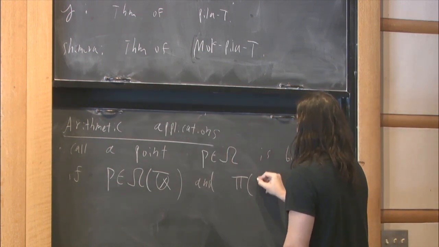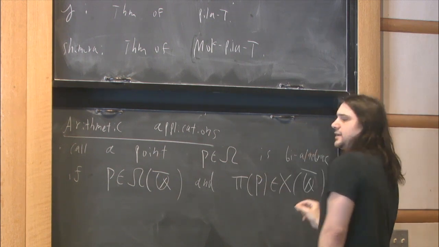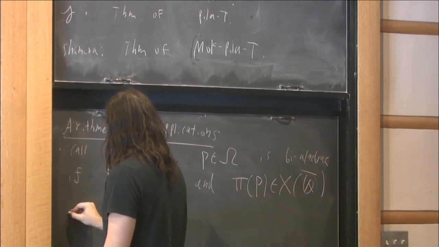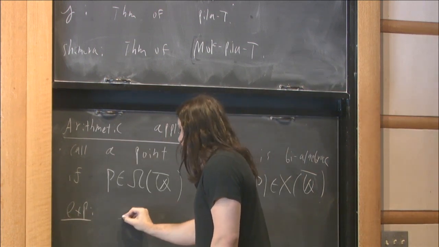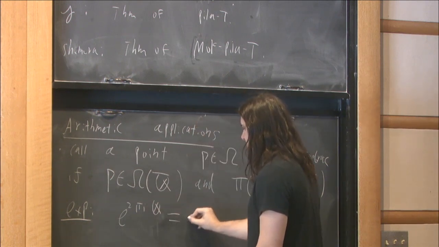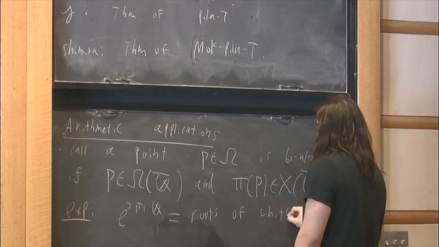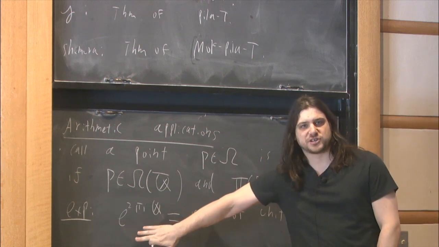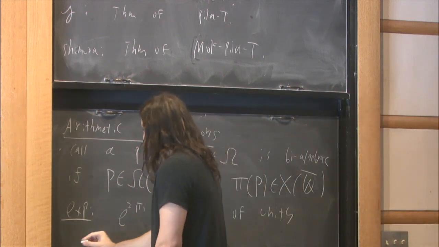And also, its image is a Q-bar point of X. So, for example, in the exponentiation case, if you take e to the 2 pi i of rational numbers, you get roots of unity. So if you're studying roots of unity, you can think of them as those points which are algebraic, whose logarithm is also algebraic. And that gives sort of a natural way to think of these guys.